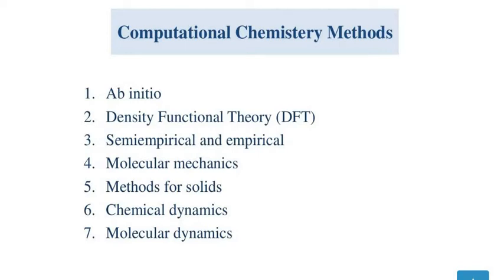Why ab initio? What is the difference between ab initio and density functional theory? Such types of questions you can create in your mind at the initial level and increase your interest toward computational chemistry.